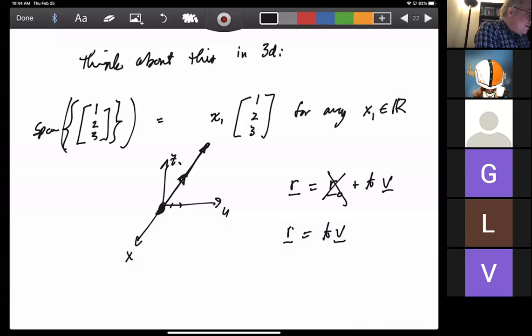If you take the span of two non-zero vectors which are not multiples of each other in three-dimensional space, the set of linear combinations of those two vectors is going to represent a plane in three-dimensional space, and so on. Okay, so that's an idea of the geometry that's going on in the background.